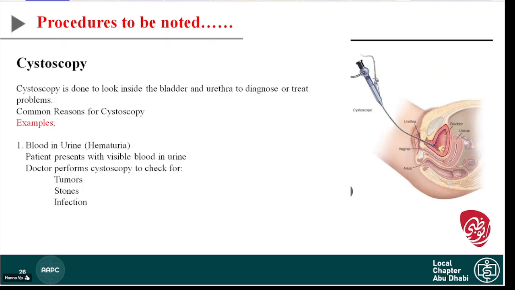So guys, what is cystoscopy? Is it an open procedure or a closed procedure? If you don't mind, can anyone please answer in the chat? Anyone please? Is it an open procedure or a closed procedure, guys?